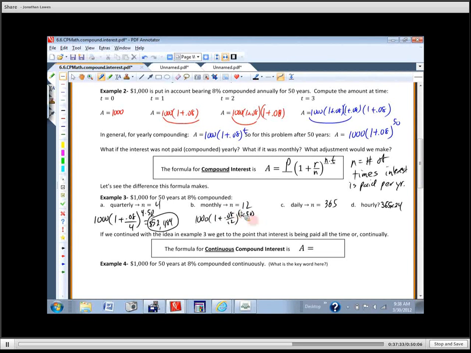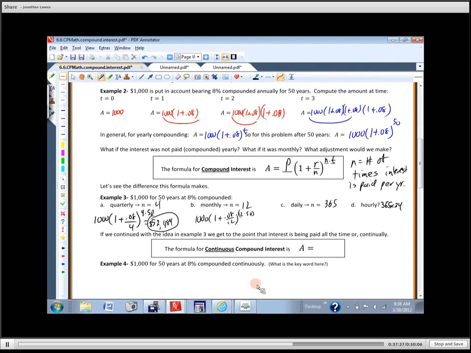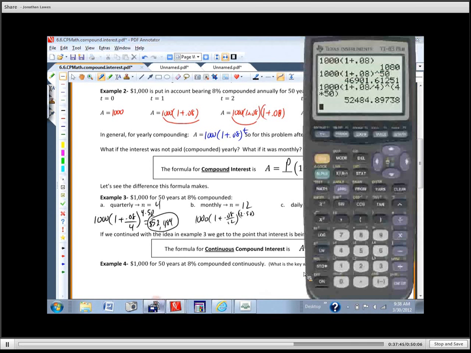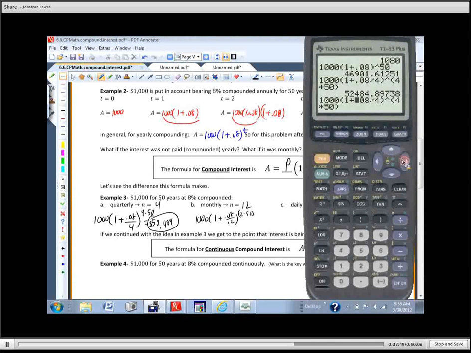Now think of it this way. 12 times 50. They're paying us interest 600 times. They're going to add a little bit of money to our account. It's less every time they add it. Now notice you can just recall that last command. I'm going to type in a 12. I'm going to insert that 2.